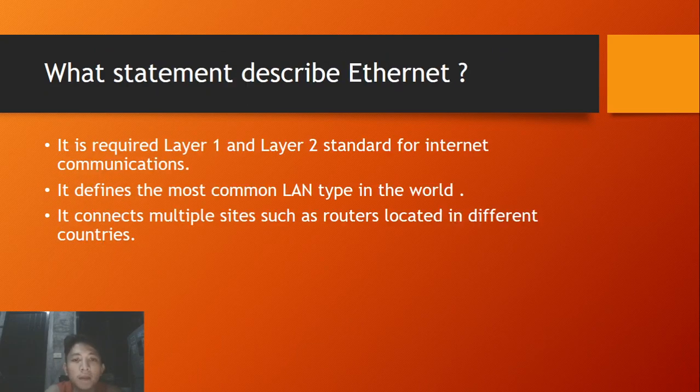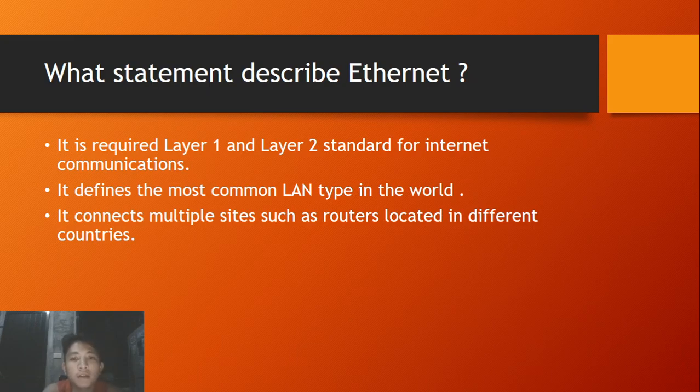What statement describes Ethernet? The choices are: it is the required layer 1 and layer 2 standard for internet communications, it defines the most common LAN type in the world, and it connects multiple sites such as routers located in different countries.